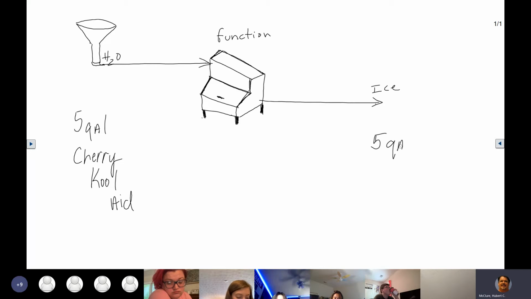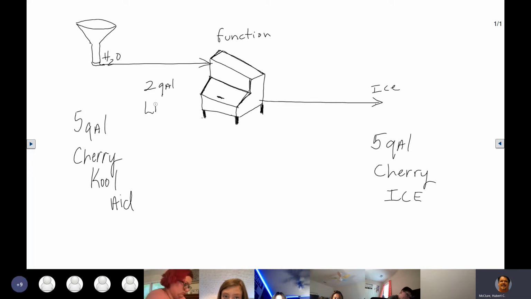Ice. Ice Kool-Aid. Just ice. I'm going to get out 5 gallons. Get 5 gallons of cherry what? Ice. Let's say we put in 2 gallons of lime Kool-Aid. Yuck.